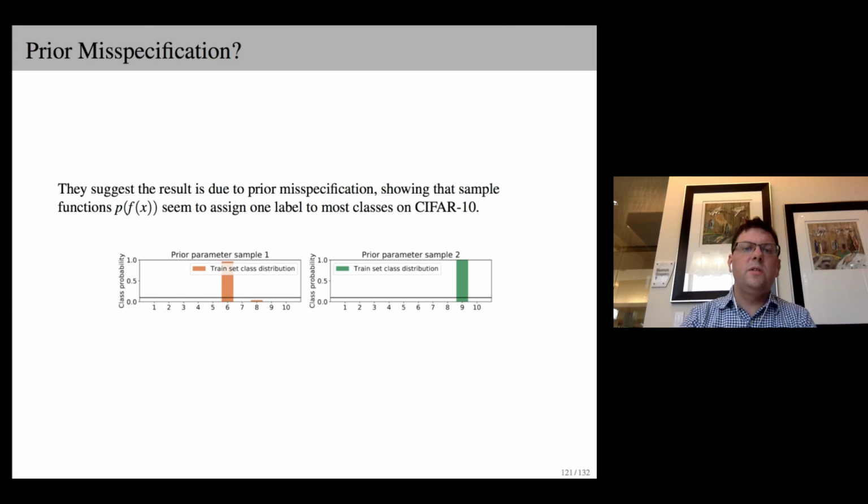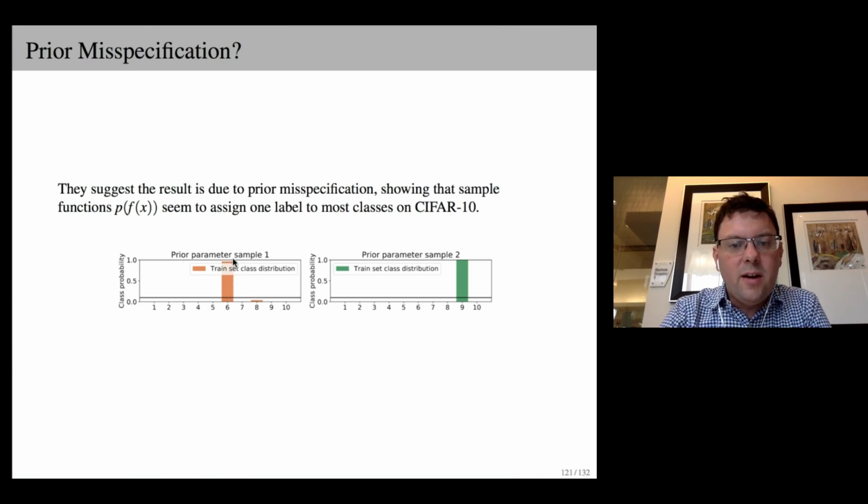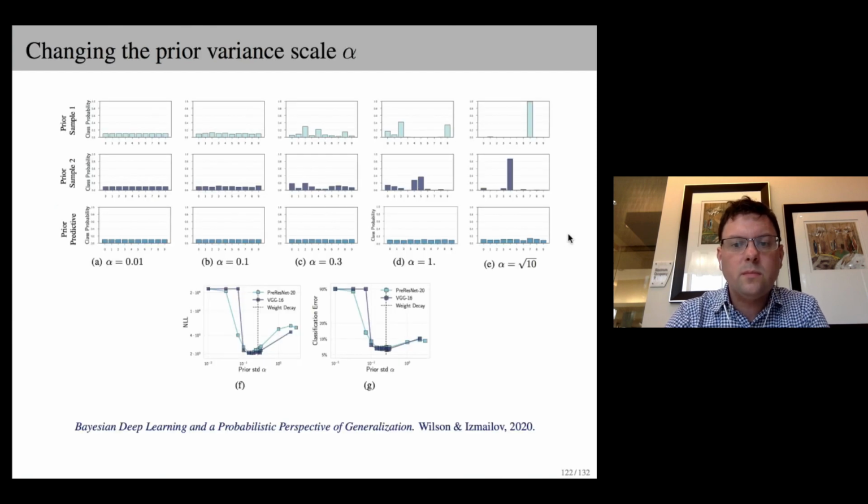In this paper, they suggest the result is due to prior misspecification and show here that sample functions from this induced distribution over functions with the standard normal prior seem to assign one label to most classes on CIFAR-10, and we know the classes are balanced. So here we just sample from the standard normal, get our function with our neural nets, and we see that it's giving most of the data points class 6 here, and then another sample function is giving most of the data points class 9.